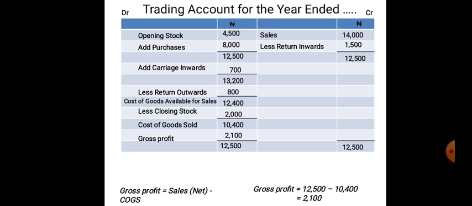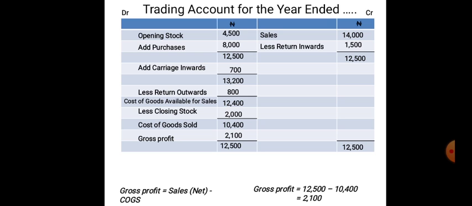Some questions may not include return inwards or carriage inwards. So if a question does not include return inwards, we are going to have only sales on the credit side. If a question does not include carriage inwards, that means you will just omit that place. You won't add carriage inwards. But this particular question carries everything that should be involved in a trading account.